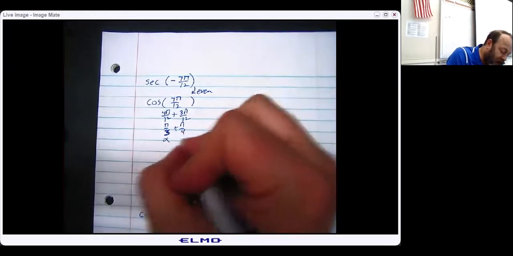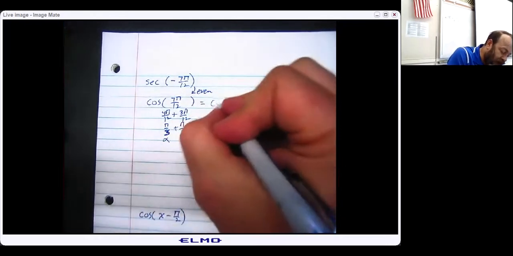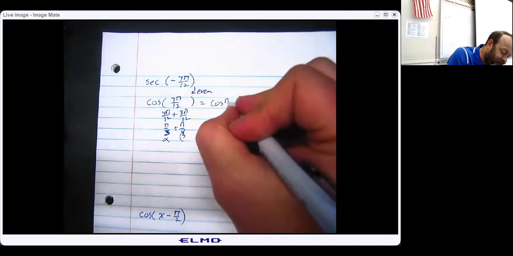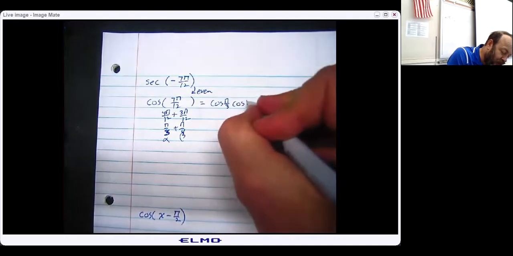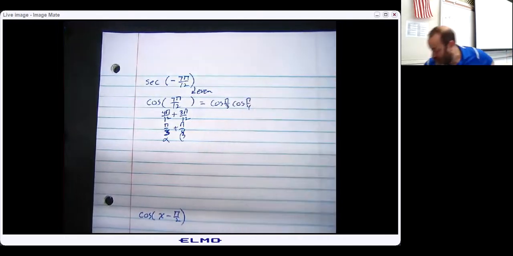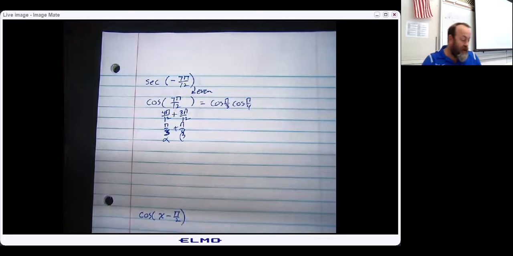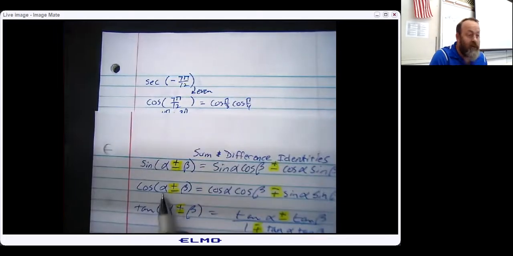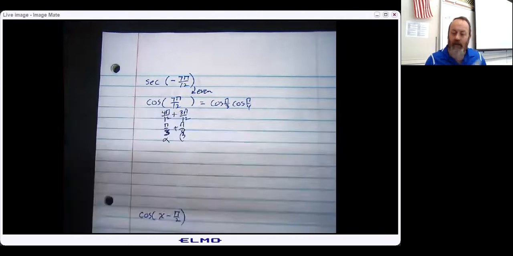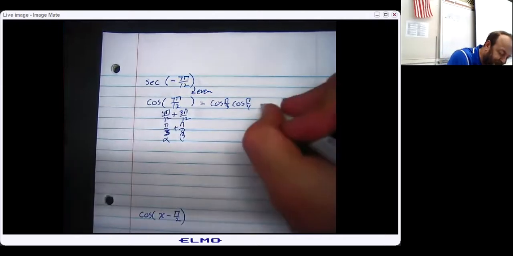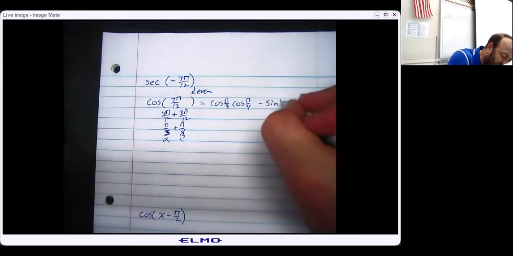And so this is going to be my alpha and beta. So I had a cosine of alpha, cosine of beta. Now this is just going back to the formulas that we used at the beginning of the lesson. The cosine of alpha plus beta is cosine cosine minus, notice the plus leads to a minus, so we're going to need to be careful there, minus the sine sine product.